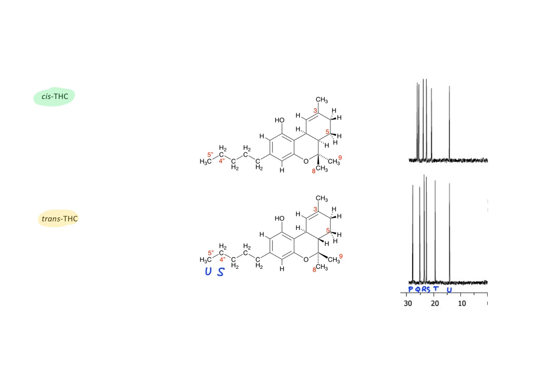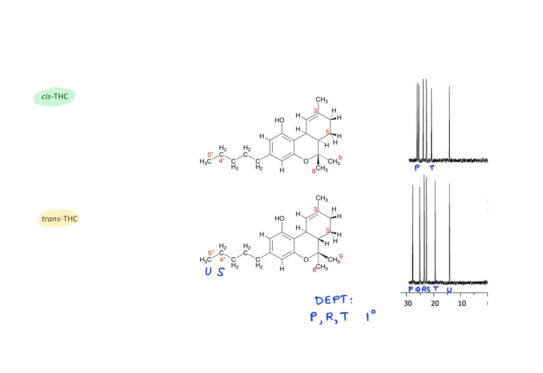The DEPT spectra are not shown, but those reveal that P, R, and T are carbons with 3 hydrogens attached to them. So those are methyl groups. If we compare cis and trans diastereomers, P and T are actually the most different of these.